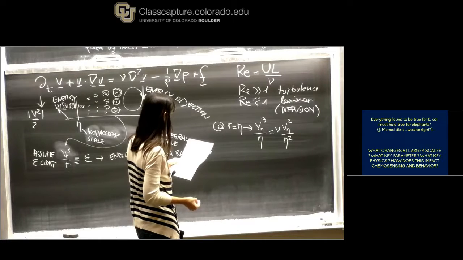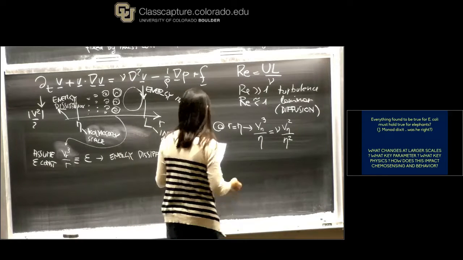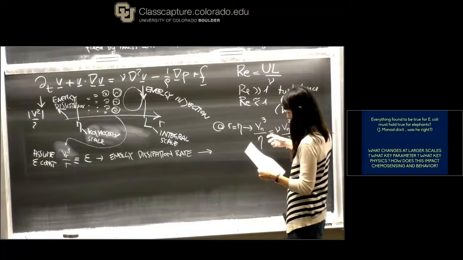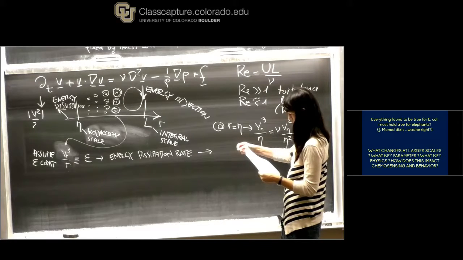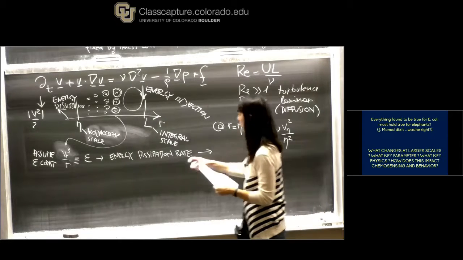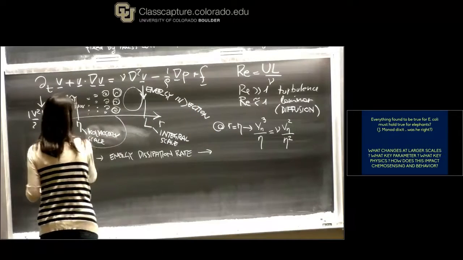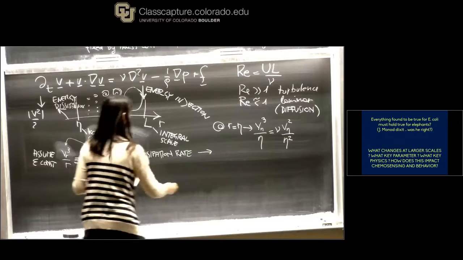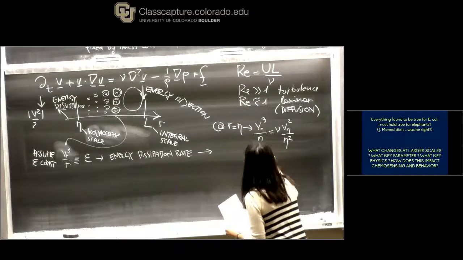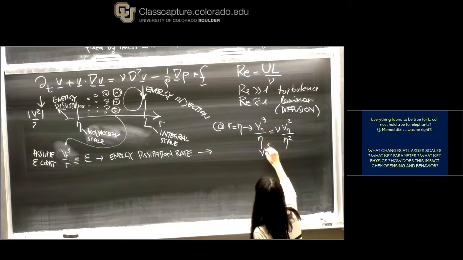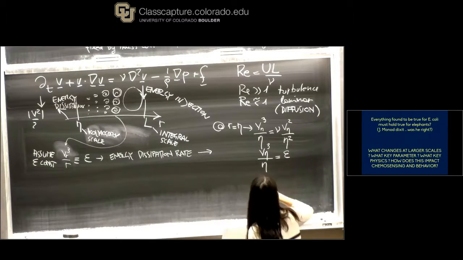So from this, these are 2 equations. Let me write this down for at eta. V eta cubed divided by eta is also equal to epsilon, right?